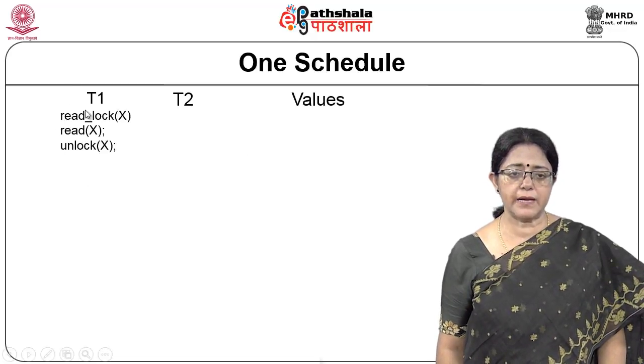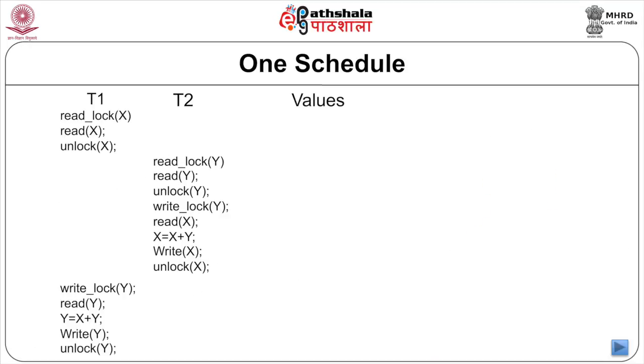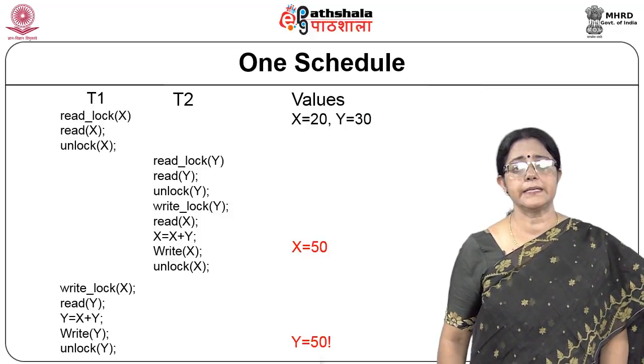First we acquire the lock on X, and then we allow T2 to execute, and then we allow T1 to continue the rest of it. We see that with the initial value of X equal to 20 and Y equal to 30, X becomes 50 and Y also becomes 50 by this schedule. So, this is not a serializable schedule; it does not possess serializability.